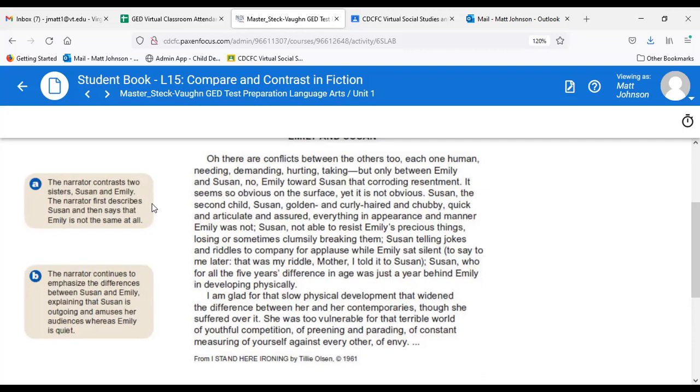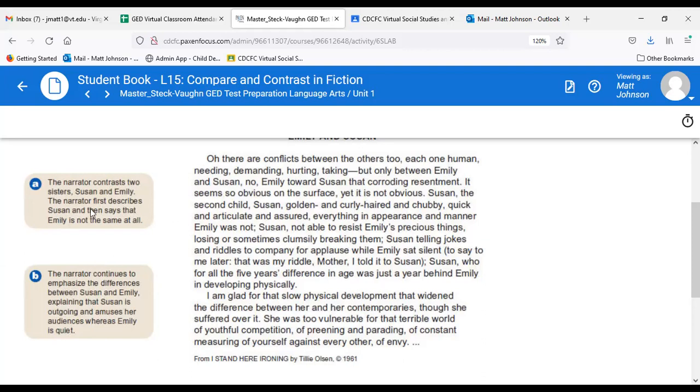Susan telling jokes and riddles to company for applause while Emily sat silent, to say to me later, that was my riddle, mother. I told it to Susan. Susan, who for all the 5 years difference in age, was just a year behind Emily in developing physically. I am glad for that slow physical development that widened the difference between her and her contemporaries. Though she suffered over it, she was too vulnerable for that terrible world of youthful competition, of preening and parading, of constant measuring of yourself against every other, of envy.